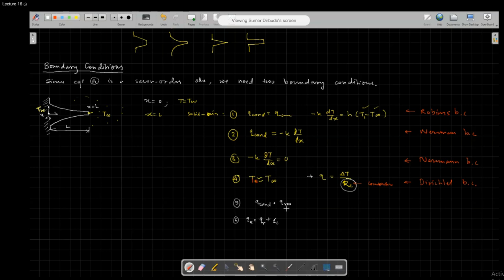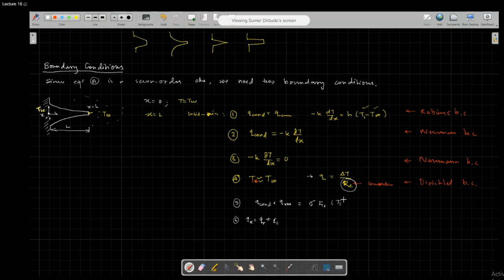Similarly, if there is radiation, we have to check whether radiation is significant or not, and then we can apply it. If Q radiation is there, we know that the Stefan-Boltzmann law can be used, with the Stefan-Boltzmann constant, and F12 is a view factor which takes into account resistance due to surface emittance and geometrical configuration.